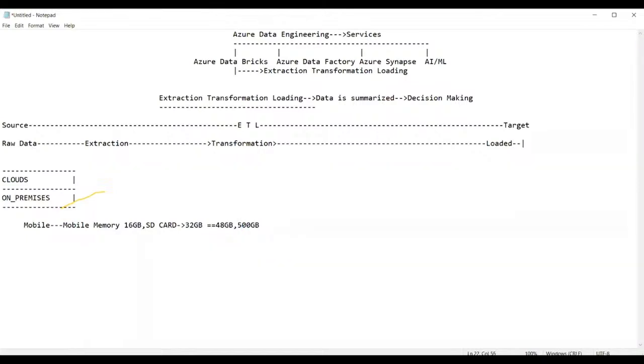Now tell me, how do you store this 500 GB? You already utilized the 32 GB, you already utilized the 16 GB. You have to store 500 GB more. So now tell me, guys, what is the way you adopt? Just think generally, because we do this kind of job on a daily basis. Tell me now. OneDrive or Google Drive.